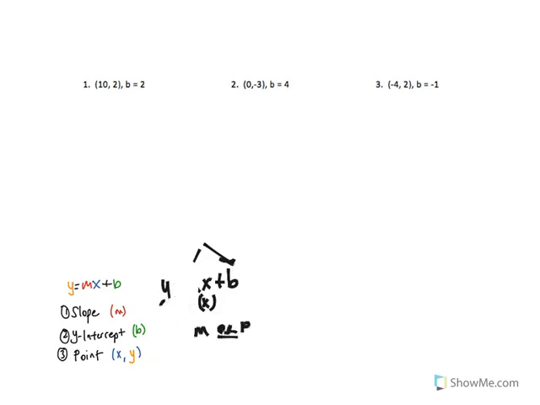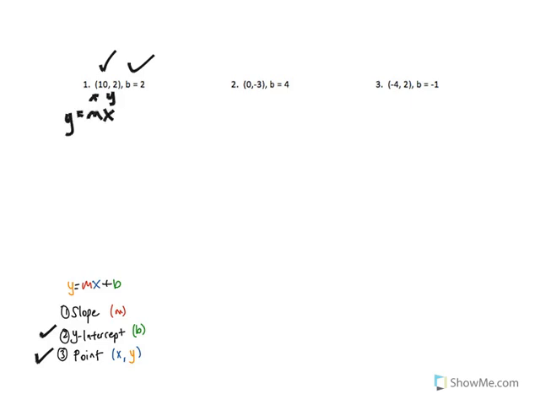So let's look at these problems here. They give us a point on the line, and they give us b, or the y-intercept. So I have x here, y here, and b. I write the equation of the line, and then I substitute.